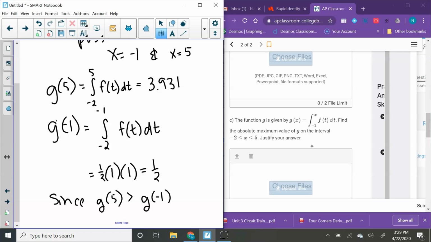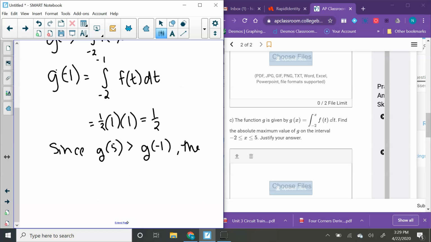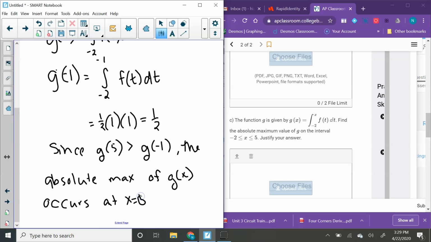So we could say the absolute maximum of g of x occurs at x equals 5. It's a 5 right there.